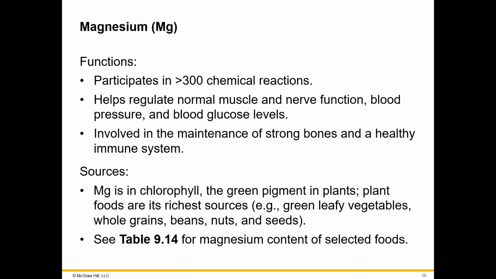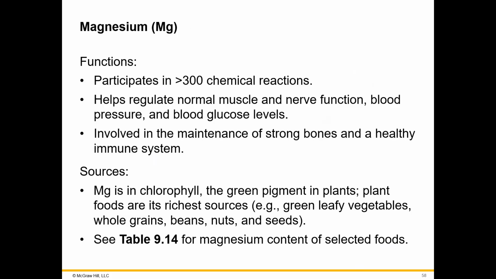Our fourth mineral is magnesium. This acts as a coenzyme. Magnesium is really neat in that it participates in more than 300 chemical reactions. It helps to regulate normal muscle and nerve function, blood pressure, and blood glucose levels. It's a really interesting study as to everything that magnesium does.